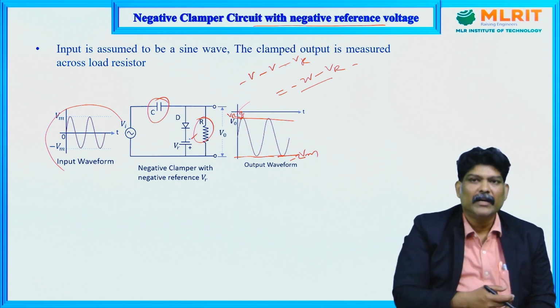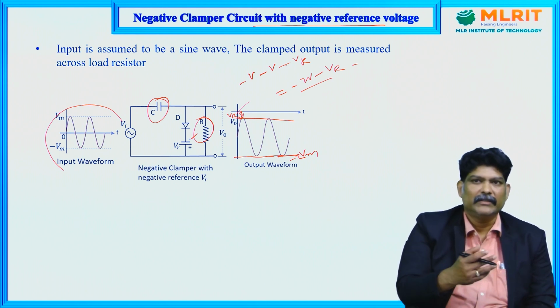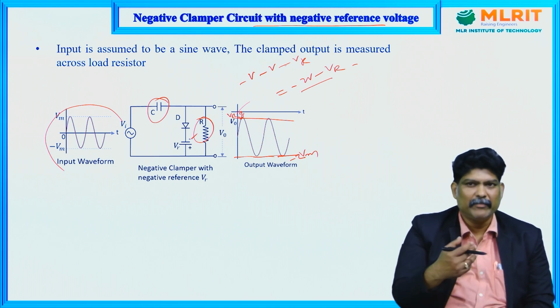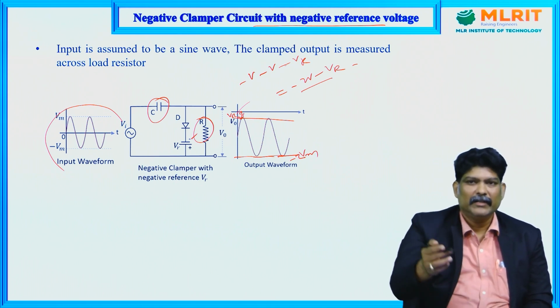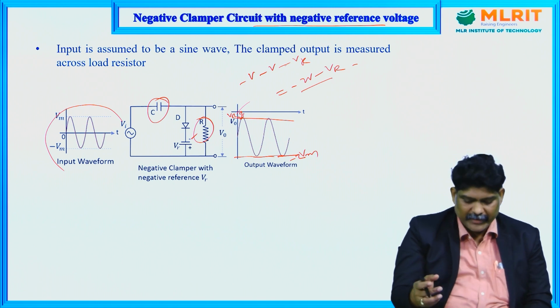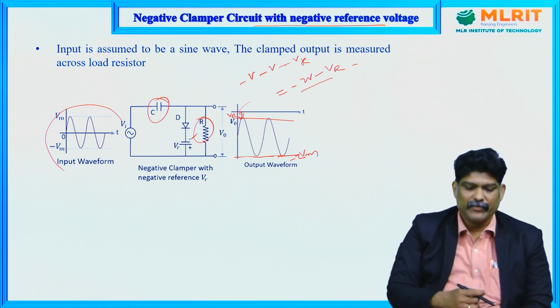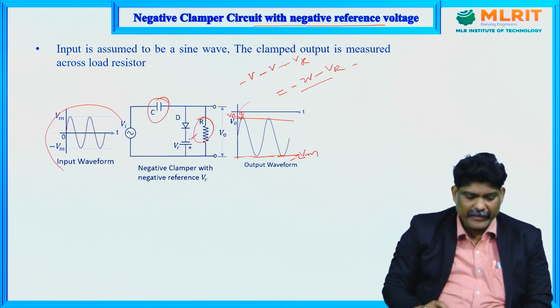Then during reverse bias also, the voltage across the capacitor remains the same, so that voltage is available at the output. That's why clamper circuits have many applications in industry.